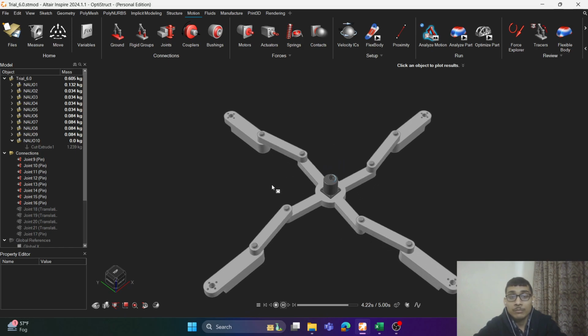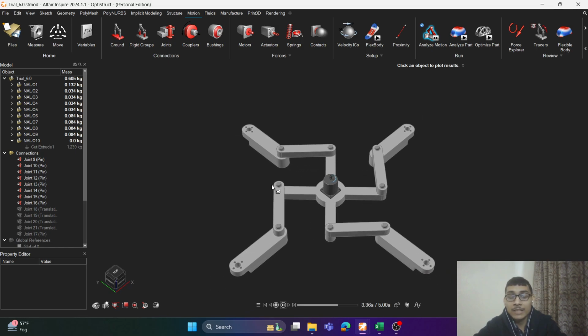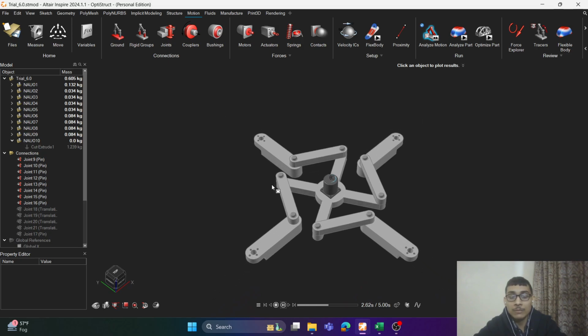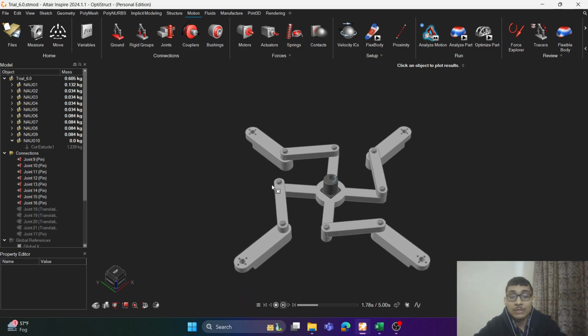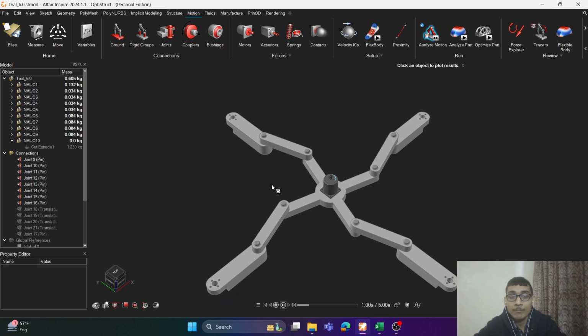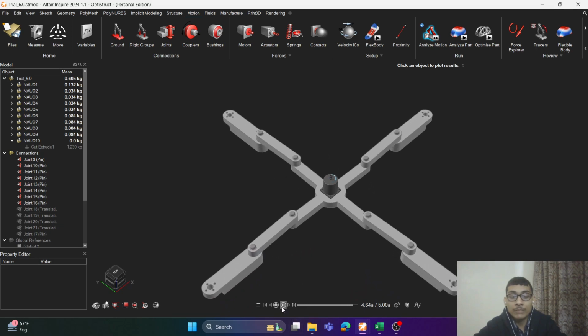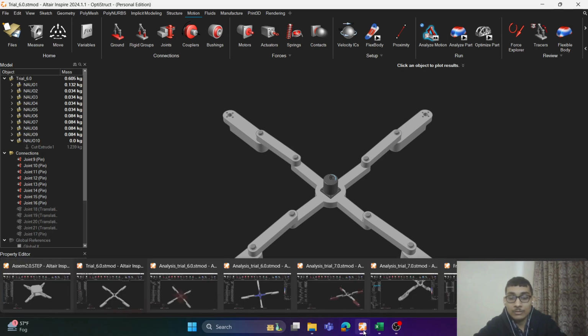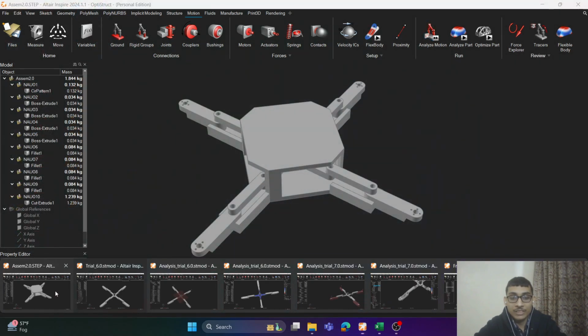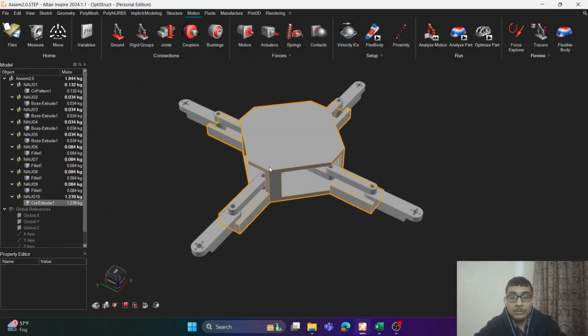It is usually considered that drones having longer arms are quite stable, while those having shorter arms are quite agile. So I want my drone to switch between this stable and agile mode mid-flight, and thus I believe it can adjust to any terrain.